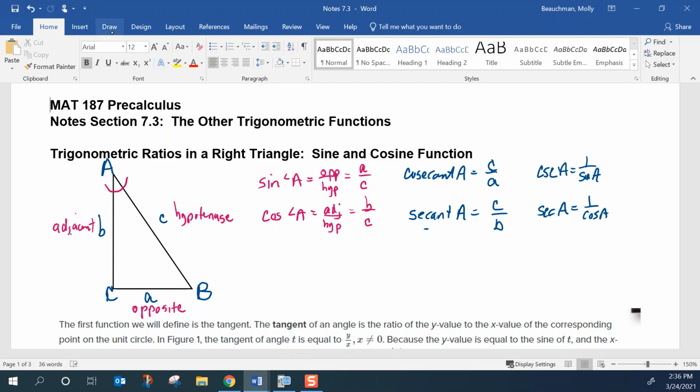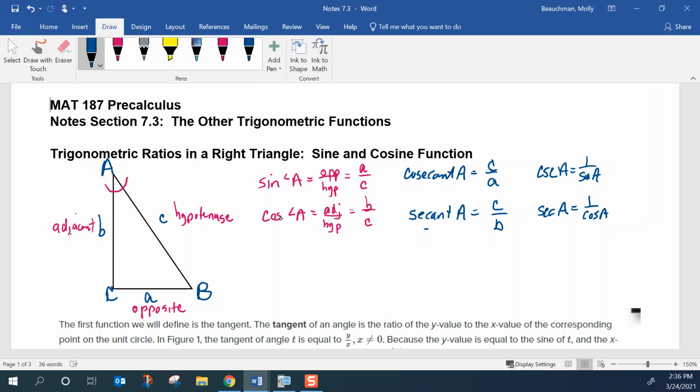The third trig function: we have sine, cosine, a over c, b over c. What we don't have yet are the relationships a over b and b over a. So the next trig function we're going to look at is the tangent of angle A. The tangent of angle A is the opposite side over the adjacent side.